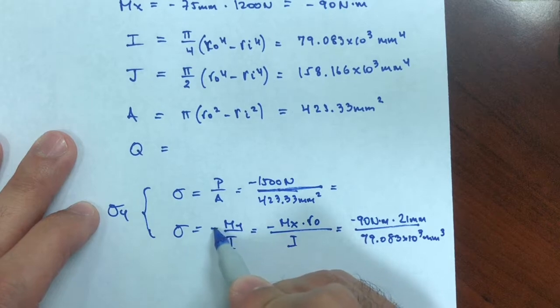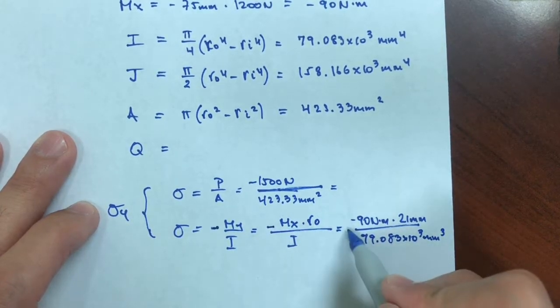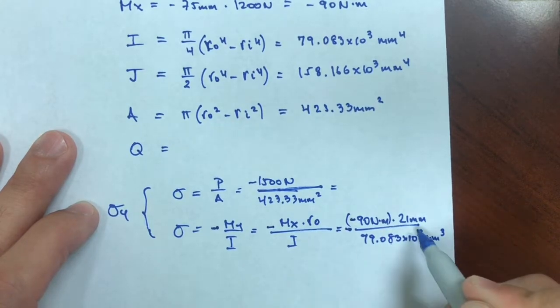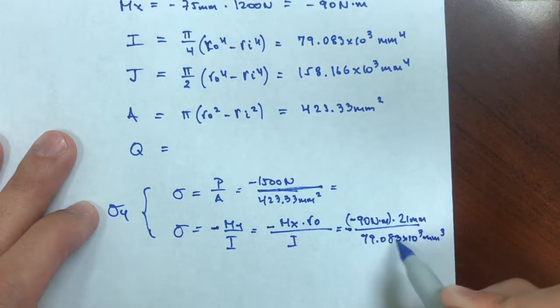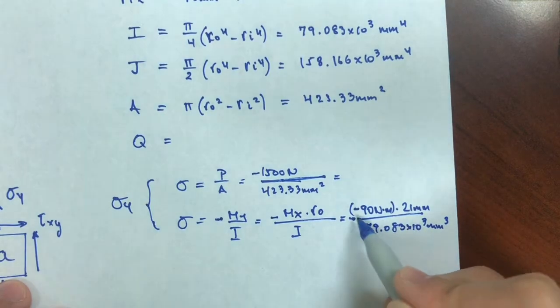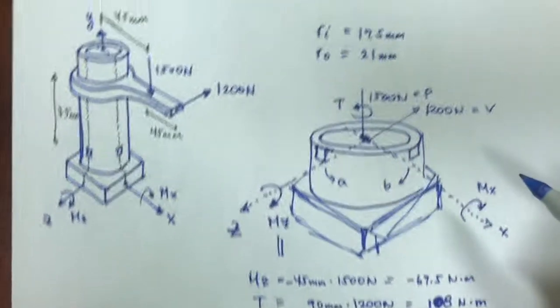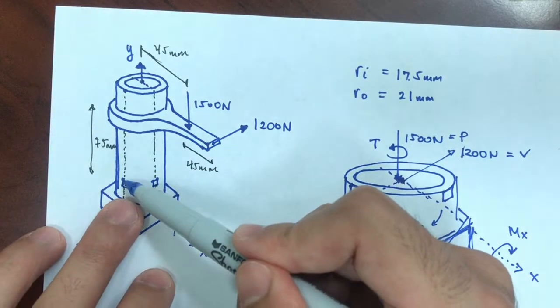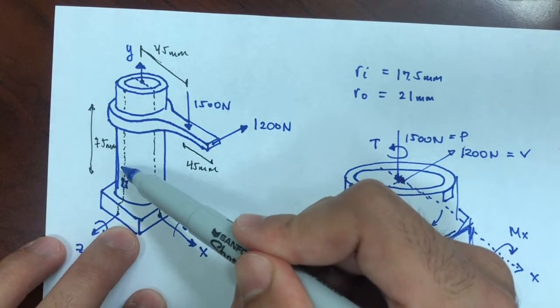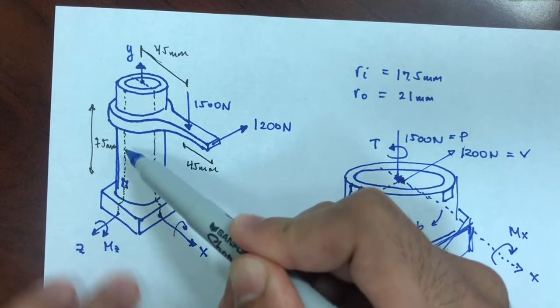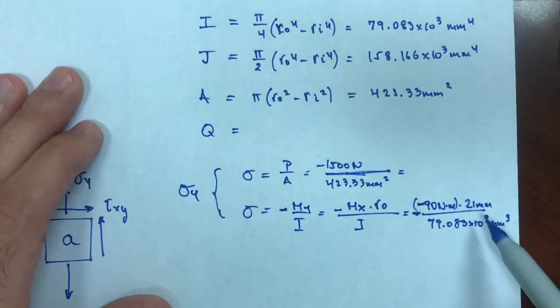Okay, there was a minus from the equation of bending, and a minus from my moment. Okay, the radius is positive, the second moment of area is positive, so negative times negative, this is going to be a positive one. Does that make sense? Yes, because this is under tension due to bending, from what I just said. So from this moment, this is under tension, so it's going up, and I want that to be a positive value.